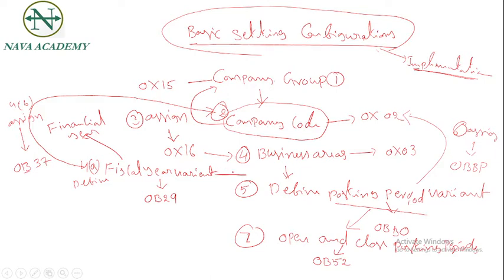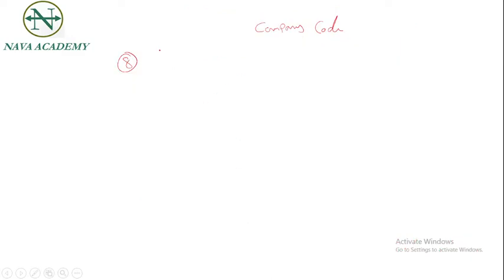Next, after creation of the fiscal year and posting period, we define the field status variant.